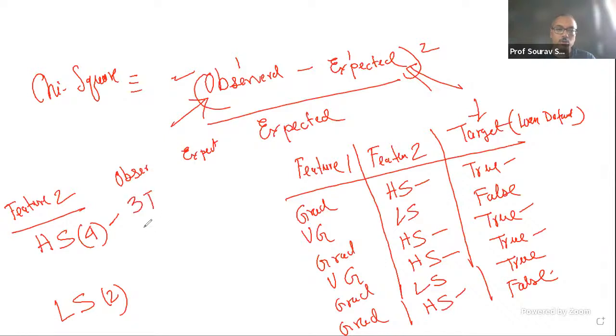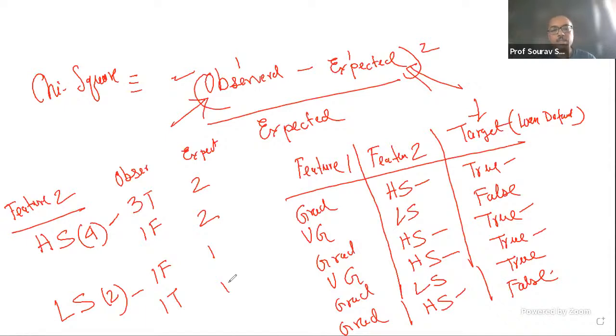3 true, 1 if. But the expected is once again 2. And for the low salary cases, what is happening is that low salary: 1 false, 1 true. Here also expected is 1, 1.